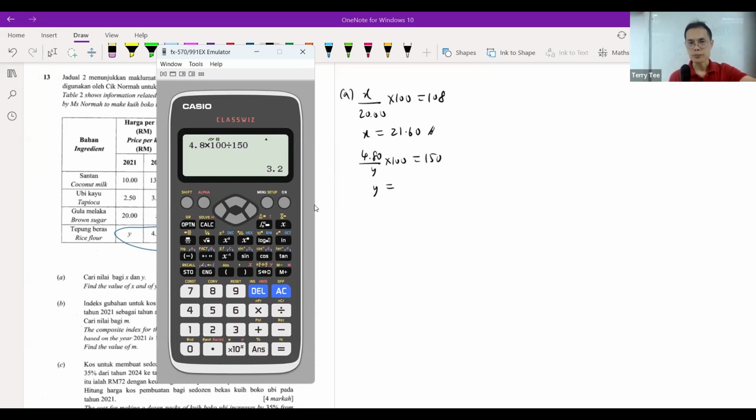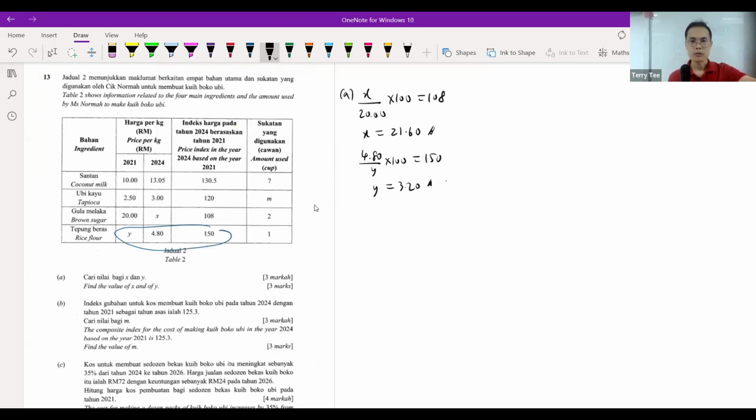You should get 3.2, yeah, 3.2. Okay, now next they say find the composite index for the cost of making kueh boko in the year 24 based on 21 is 125.3, find M. Okay, for composite index, remember you take the individual index and multiply with the weightage.